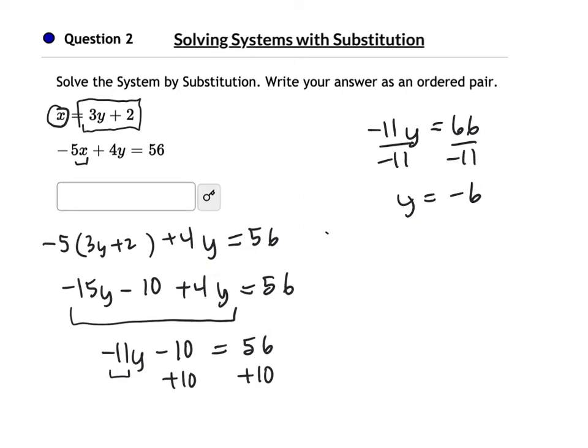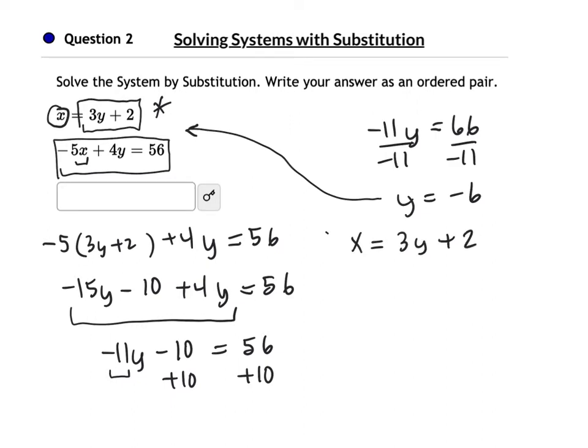Now, just like we did in the last question, I need an x and a y. Here I only have the y. I'm going to take this value and plug it in one of the equations. This one will work fine, but you have more solving to do. I would probably use the top one. X equals 3y plus 2.